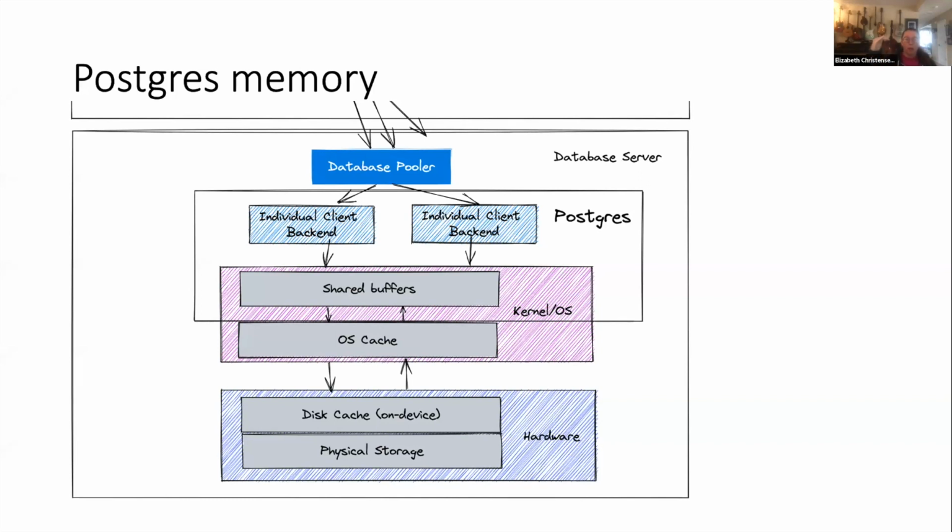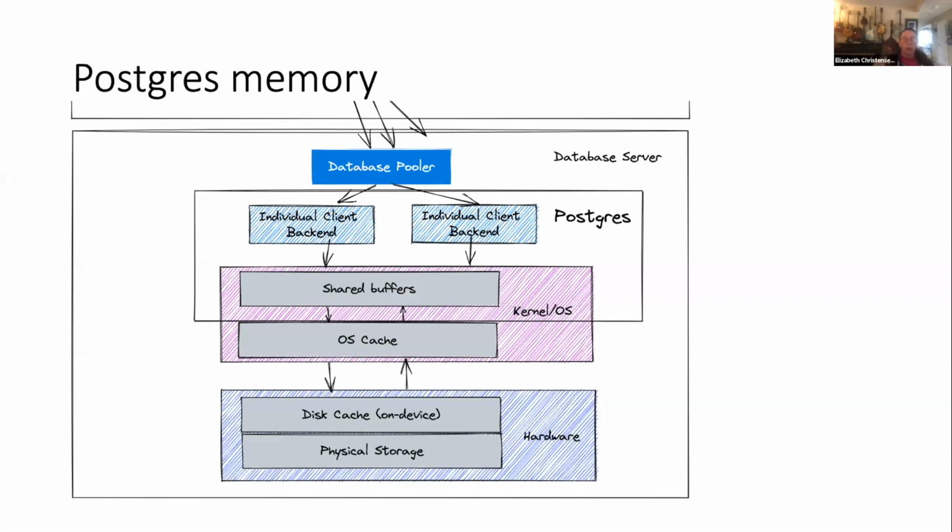And then at the top of that memory level, you've got shared buffers, which is data that's running in Postgres's memory that's just ready, so you don't have to go down to the underlying disk to get the data. When you're talking about IOPS in Postgres, IOPS are whenever you write data all the way down to the physical storage layer, or whenever you read data from the underlying disk.